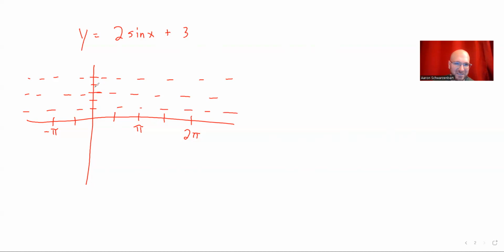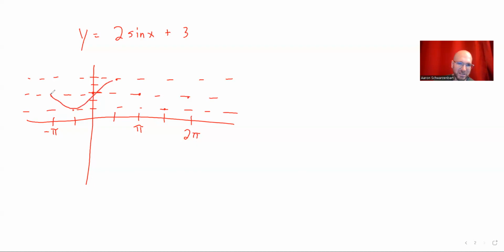And sine starts on the midline and goes up. Period wasn't changed. I don't have a B or a C, so I don't have to shift horizontally. I don't have to change my period. So I go up, and I go middle, down, middle. I'm back to where I started going the direction I was at 2 pi.